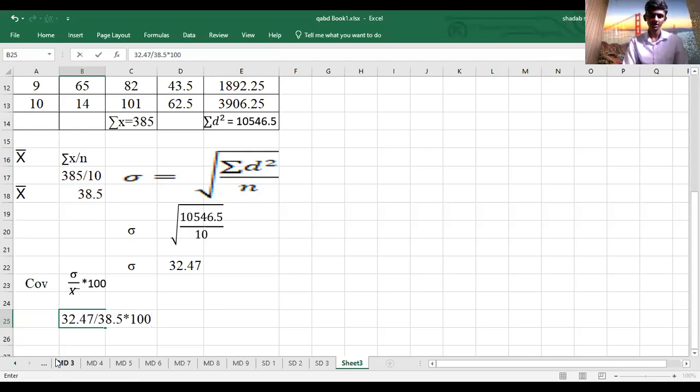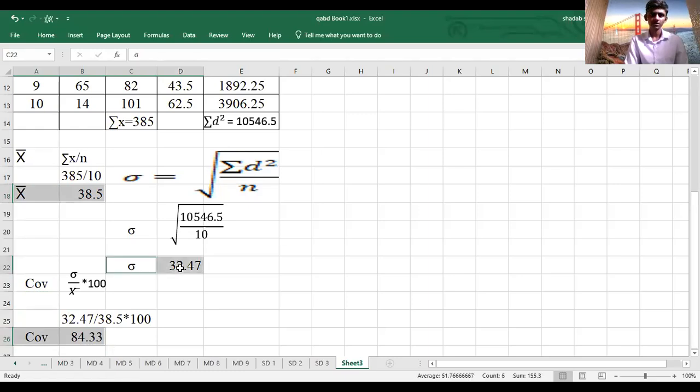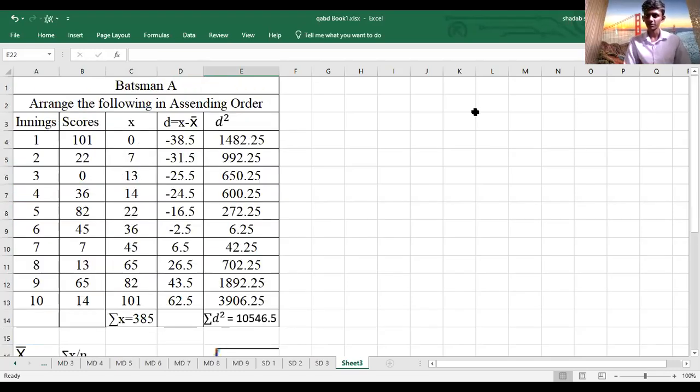If you simplify this, you will get 84.33 as the coefficient of variance. Therefore, for batsman A, the mean is 38.5, standard deviation 32.47, coefficient of variance 84.33. Repeat the same procedure for batsman B's scores.